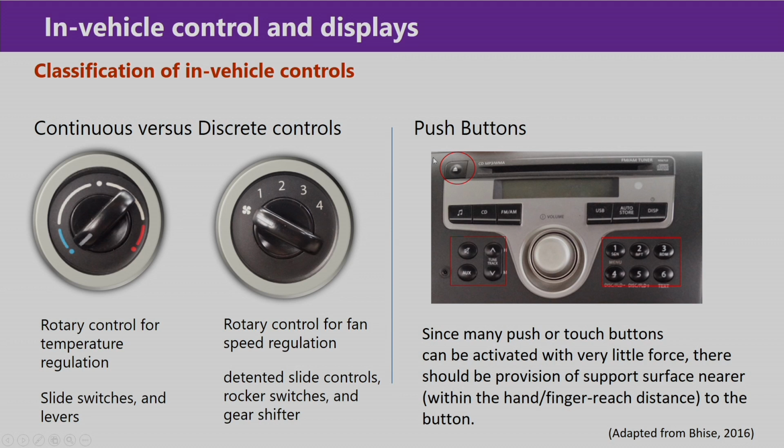If we press this particular knob, it will be turned on and off, and the audio system is operated by this. Similarly, if we move it clockwise or anti-clockwise, the volume can be increased or decreased. While we are using this for on and off, it is acting as a push button. Similarly, there are many other types of push buttons.